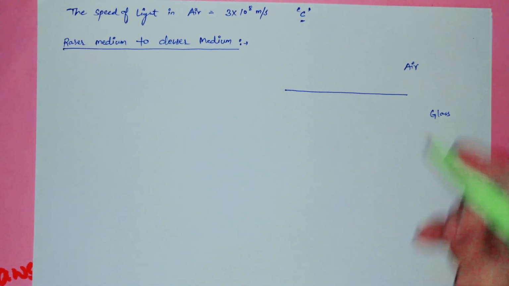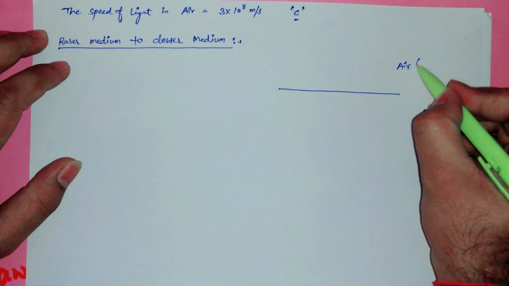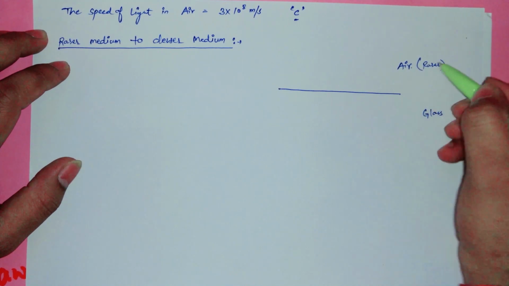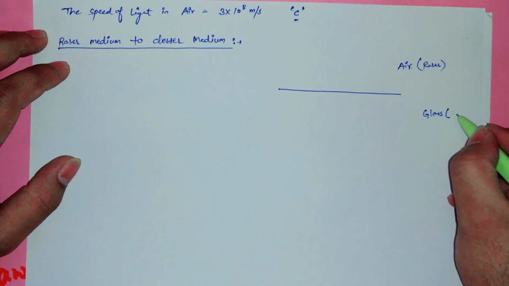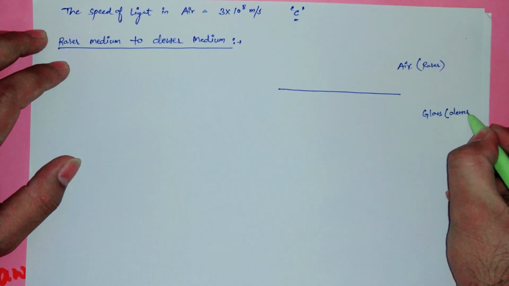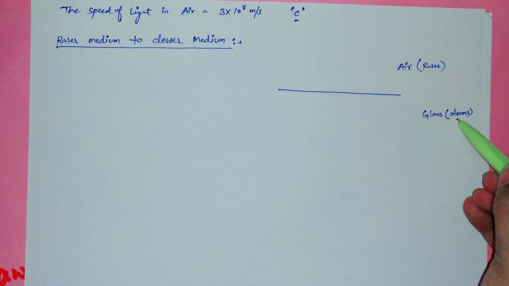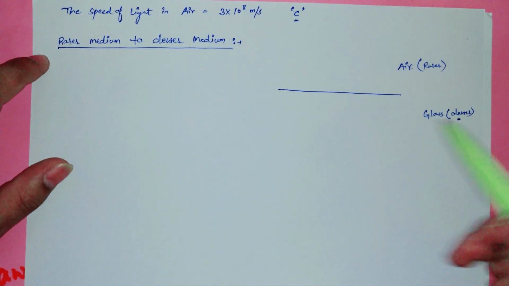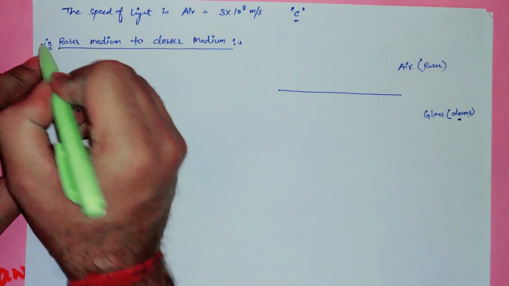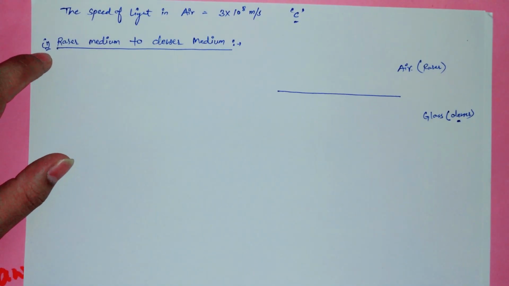Clear? And we know that air is rarer. We know the density of air is relatively less than the glass, so glass is denser. Glass is hard, so this is dense medium. So this is rarer to denser and we are studying the first case when light goes from rarer medium to denser medium.